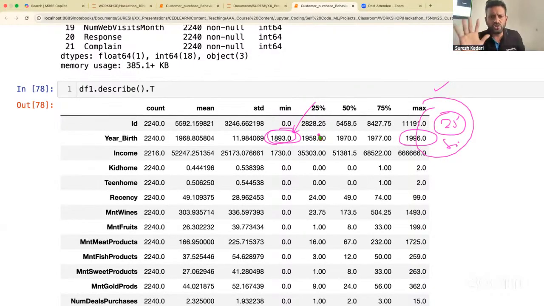Anytime you try to solve a problem, you should have a book and write down your findings. Whatever you're finding, question mark. See, year of birth, 1893, question mark. That means year of birth, I need to check for outliers. And like that, you can go on. Look, 2240 income count. That means it has missing values. Then I'll write income, missing values, question mark.